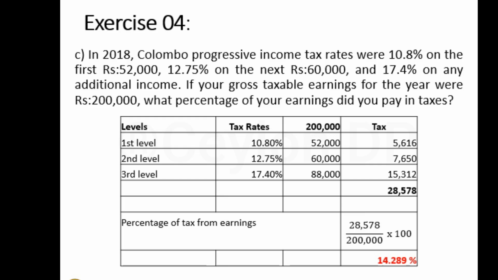If there is any additional income over the first 52,000 and second 60,000, there you have to calculate 17.4% from the additional income. If your gross taxable earning for the year were rupees 200,000, what percentage of your earnings did you pay in taxes?